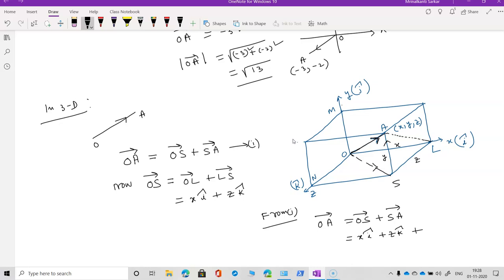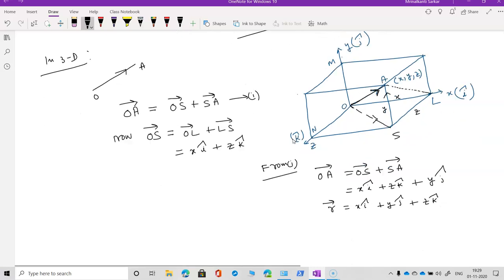What about the SA vector? SA is going to be Y into J cap. So, the R vector is XI plus YJ plus ZK.